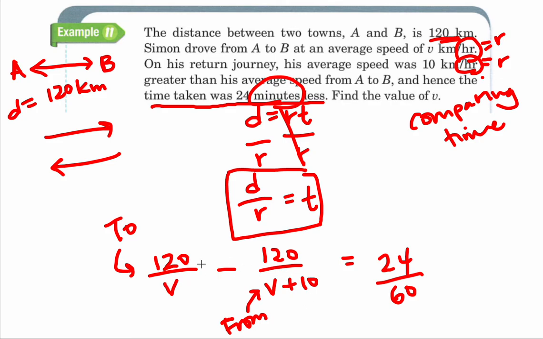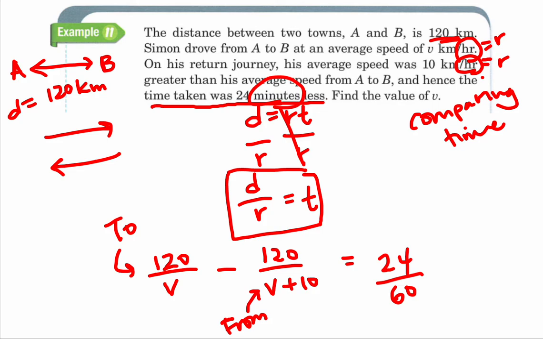We subtracted them because one was faster than the other by 24 minutes, divided by 60 because one's in minutes, so we got to change them all to fit hours so that they're matching. Or else it'll look like it took 24 hours faster, when in reality it was 24 minutes.